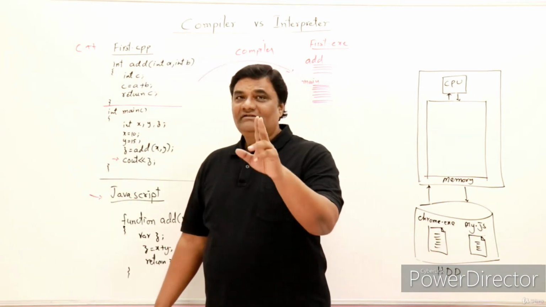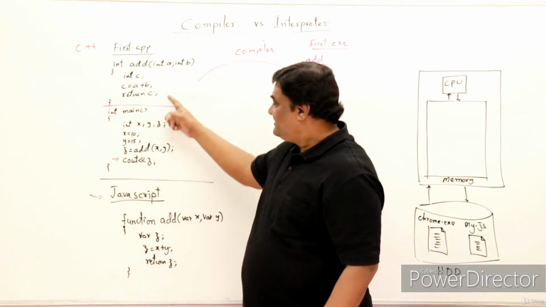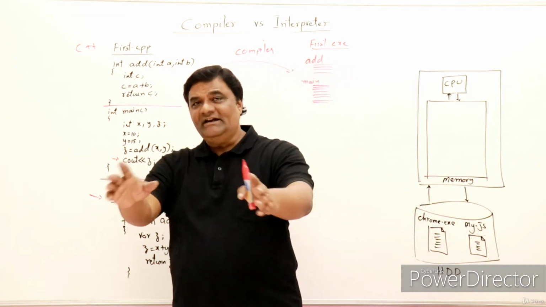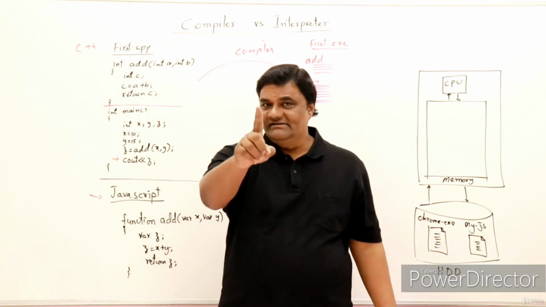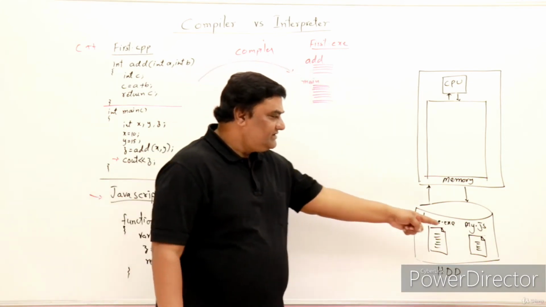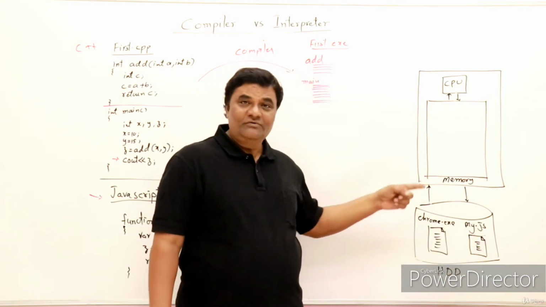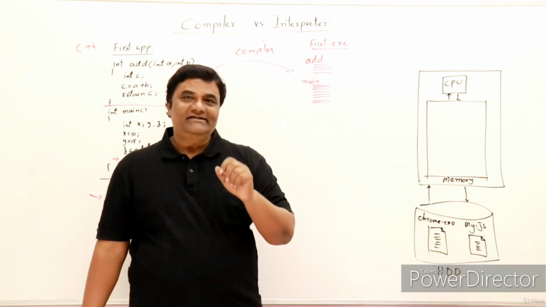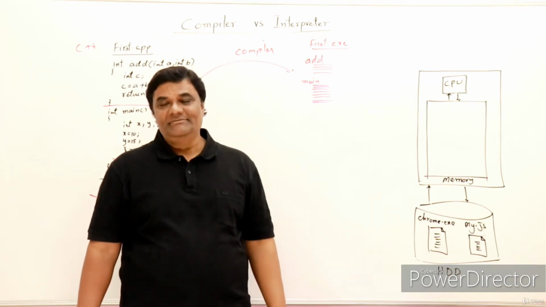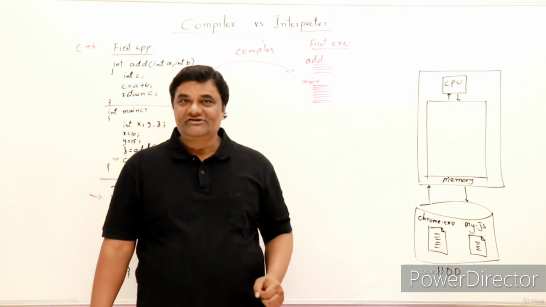Third difference, once translated into machine code, you run it as many times as you want, you don't need a compiler. Translation is done only once. But here, whenever you want to run JavaScript, you should call Chrome. Chrome will run it. Every time it will translate. So if you are executing n times, n times translation will be done. Interpreted language.